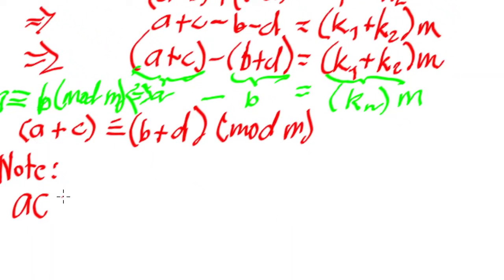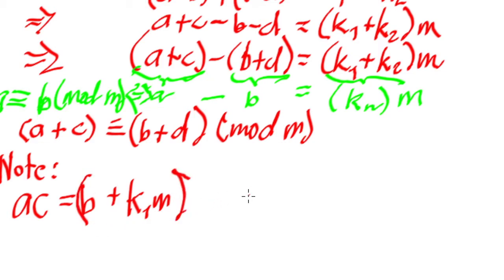A is equal to B plus K sub 1 M, applying the commutativity. That's A.